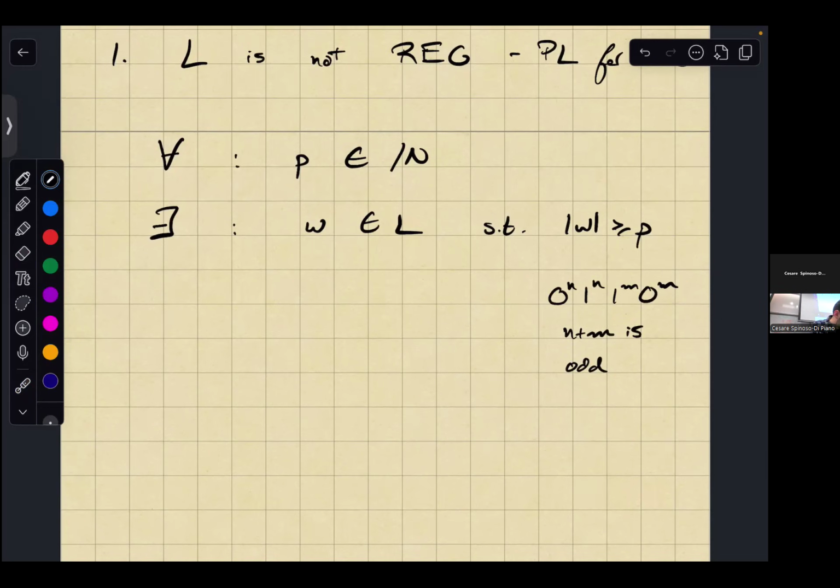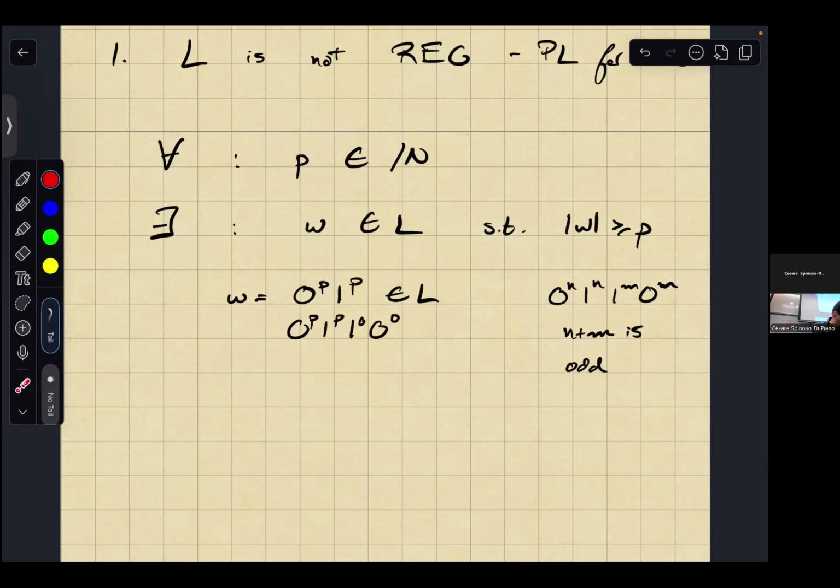So, one obvious choice might be, can I just do w equal to 0^p 1^p, right? Can I do this? I'm suspicious that I can, right? Because I need this string to always be in L. But is this always going to be in L? Not necessarily, right? Why? Because I have 0^p 1^p 1 0 0 0.